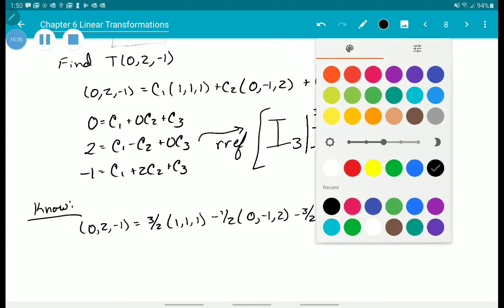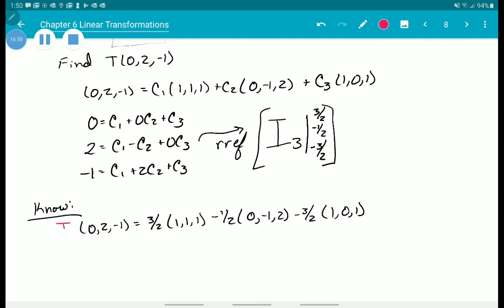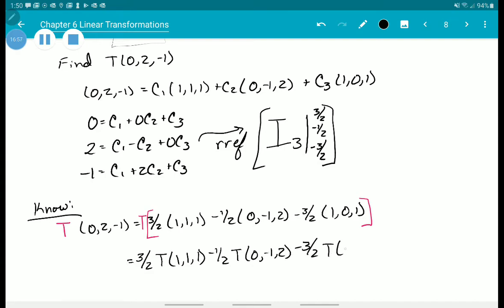So now we could take the transformation of both sides. We're taking the transformation of all of that fun stuff. So that's going to be 3/2 times the transformation of 1, 1, 1 minus 1/2 times the transformation of 0, -1, 2 minus 3/2 times the transformation of 1, 0, 1.